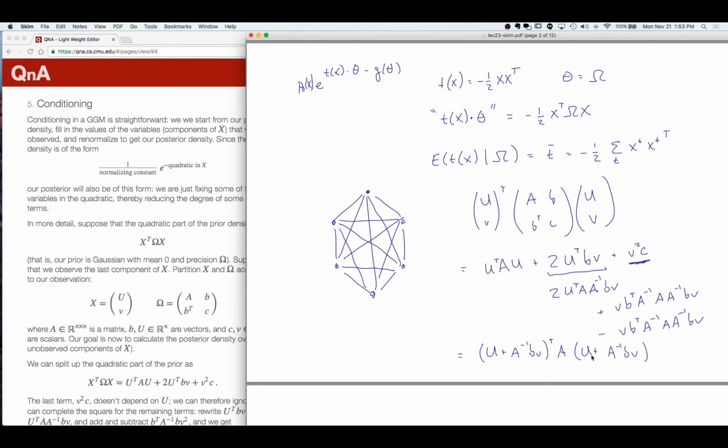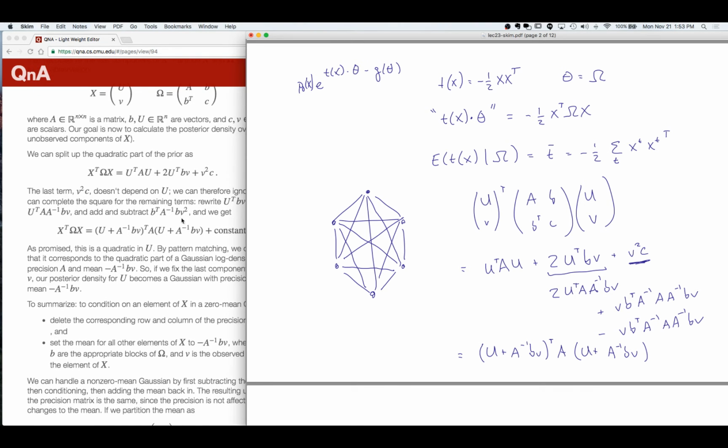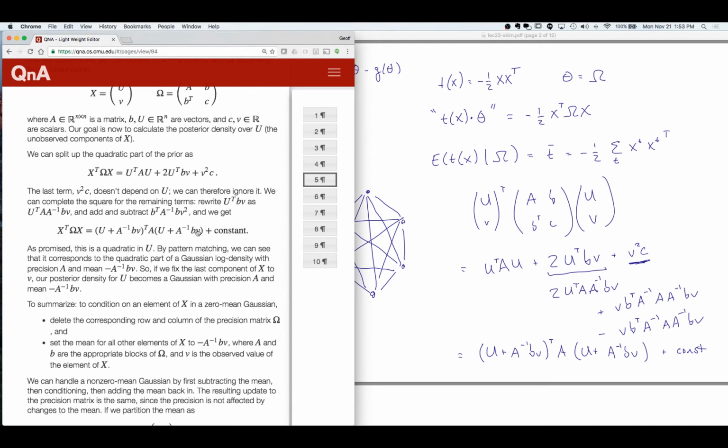So all I did here was complete the square, and there's going to be a constant as well. And so I wrote that here.